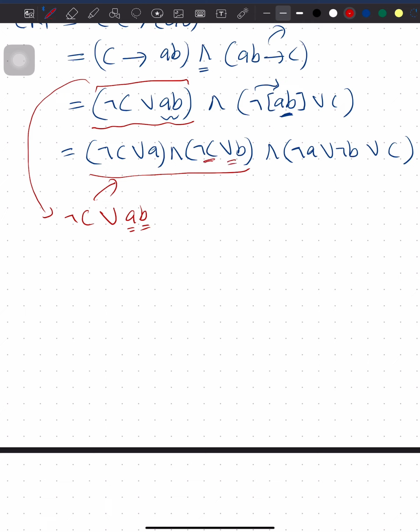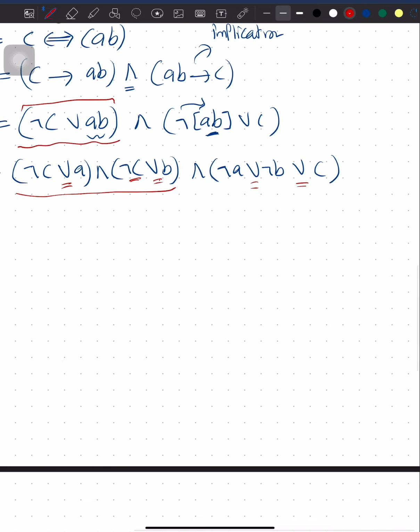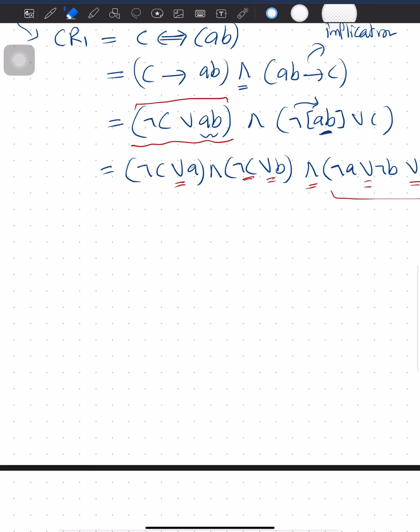You can review Boolean algebra, but I didn't really violate anything here. We broke this expression into two. They are completely equivalent. So let's just make sure I have an or, and I have an and between each of these.